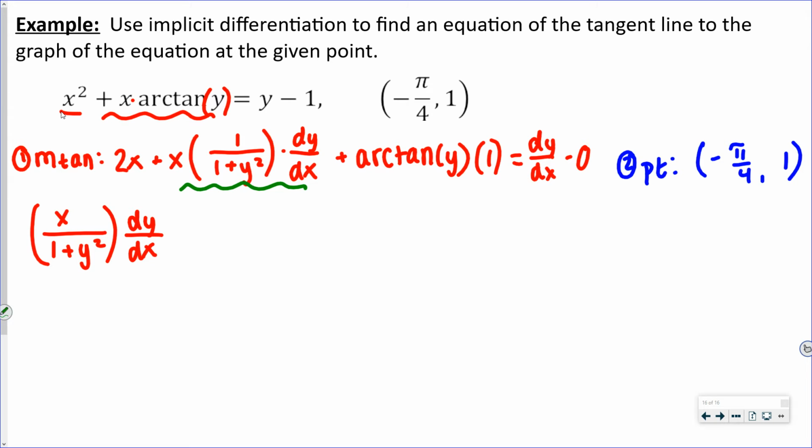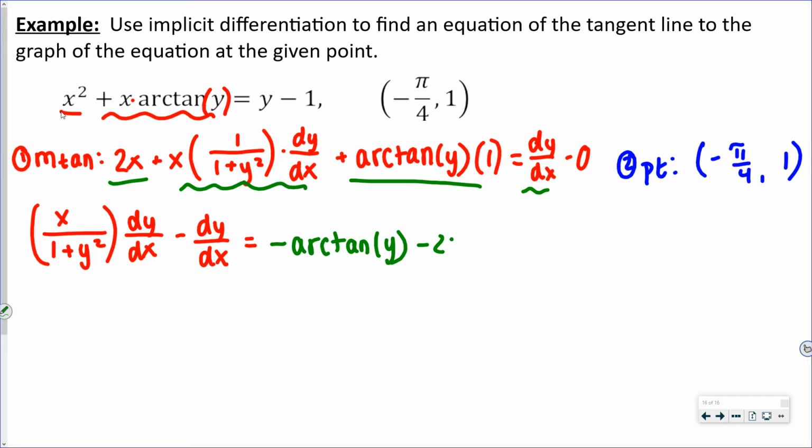Okay, I'm going to move over this dy dx. So minus dy dx equals, and then I'm going to move over this inverse tangent. Oh my gosh, what a great problem. And move this over, minus 2x. Okay, beautiful.